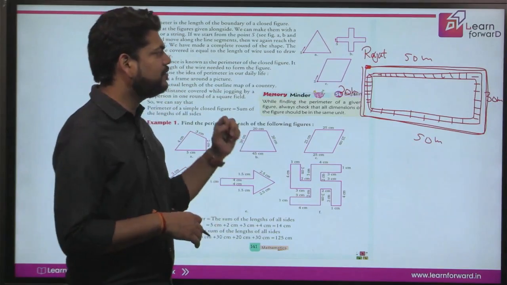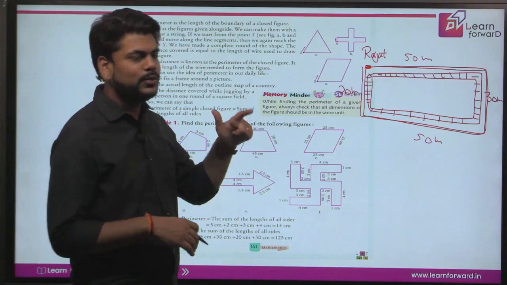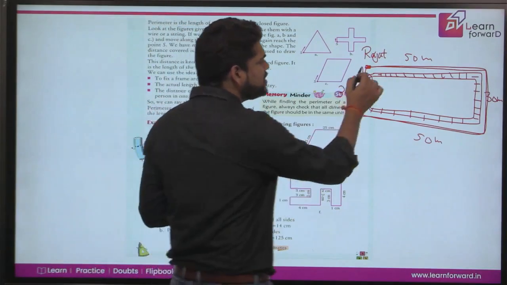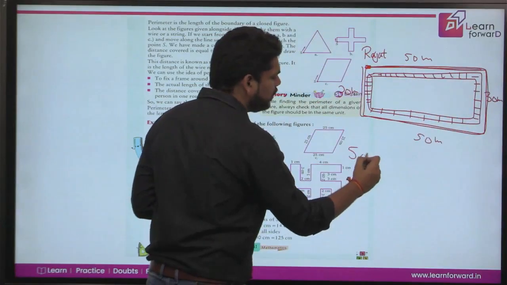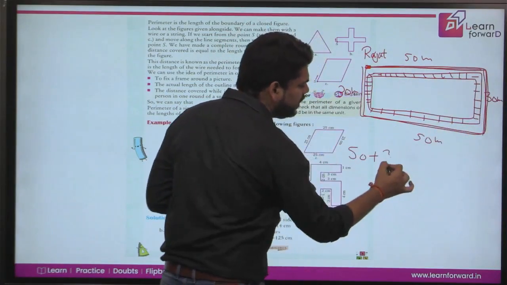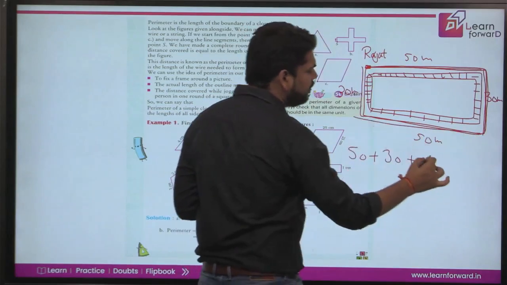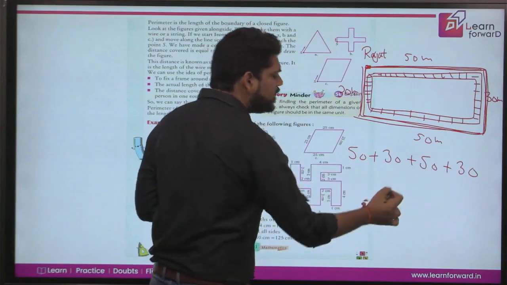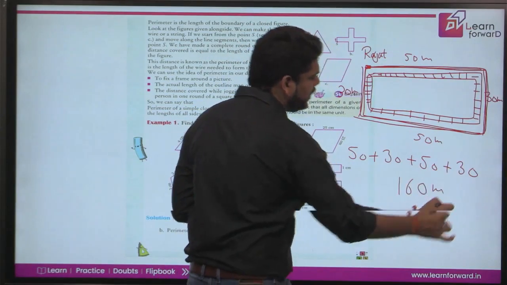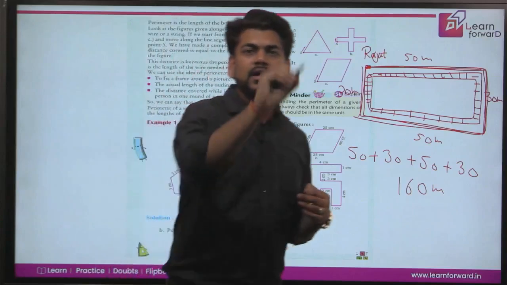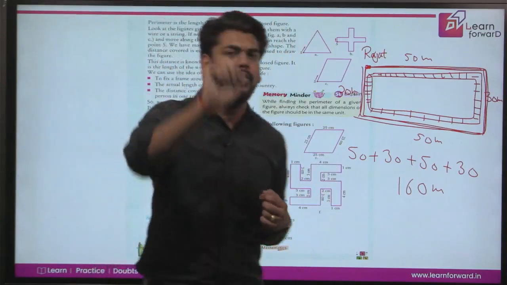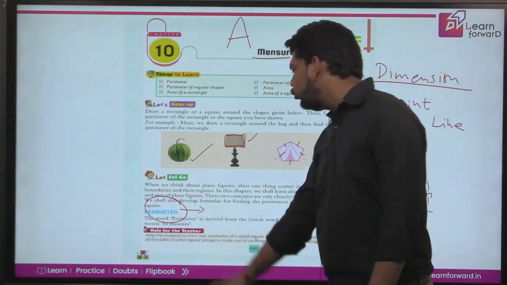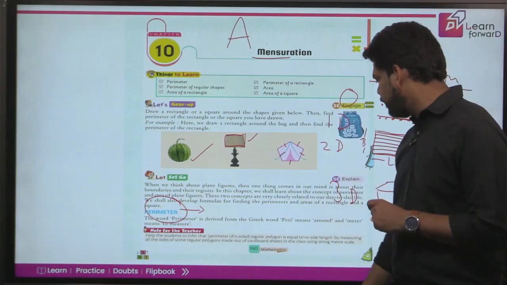First he has covered 50, then 30, then again 50, and then again 30. So the total distance when we add them is 160 meters. So 160 meters is the total distance of the boundary. So you can write down, the meaning of perimeter is the total distance of the boundary. Fine.